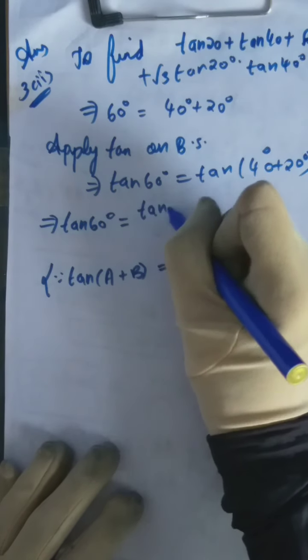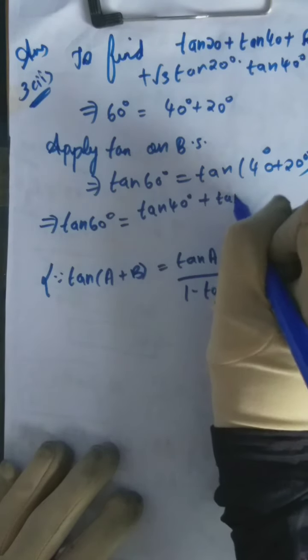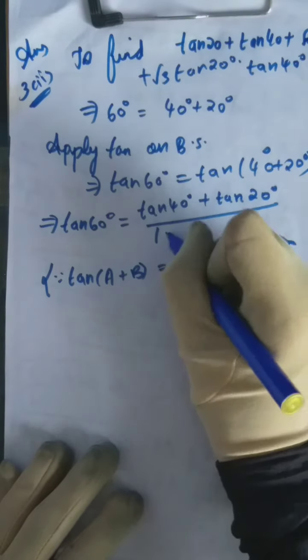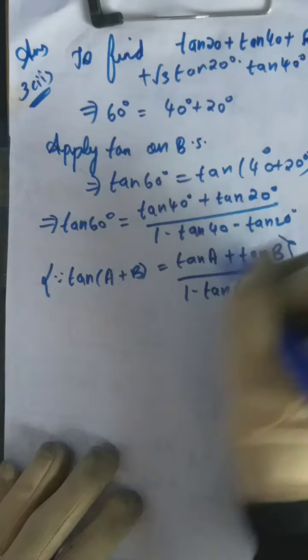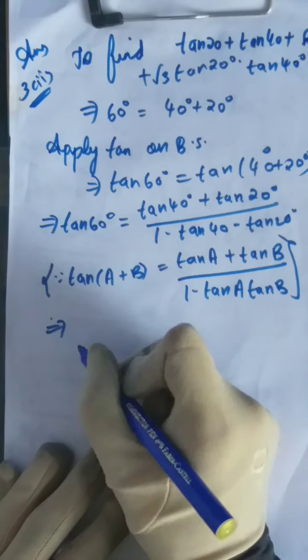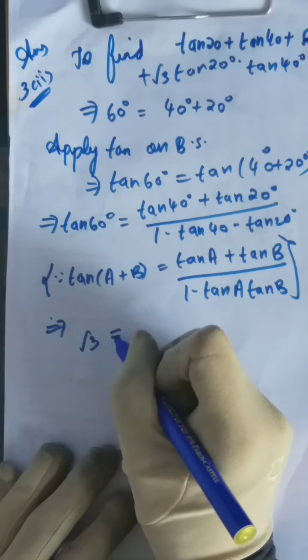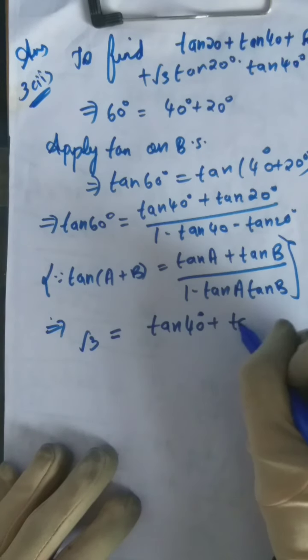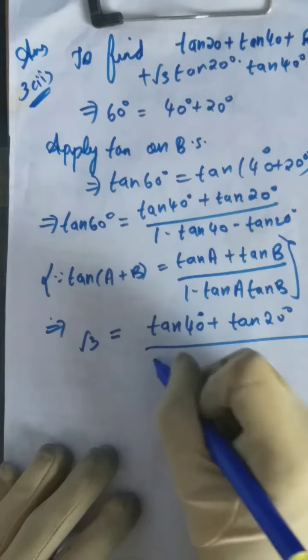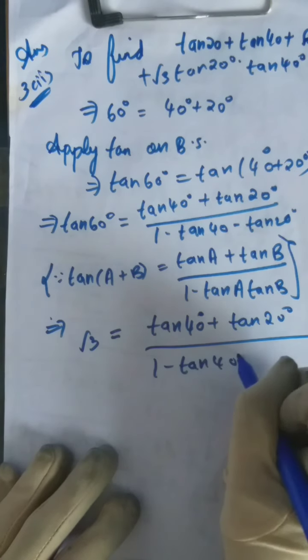So tan 40 plus tan 20 by 1 minus tan 40 into tan 20. So tan 60 value is root 3, which is equal to tan 40 plus tan 20 by 1 minus tan 40 into tan 20.